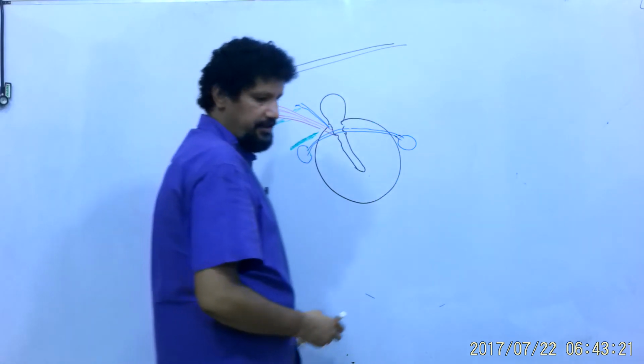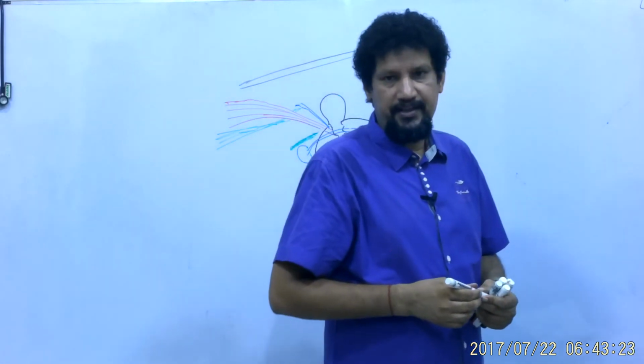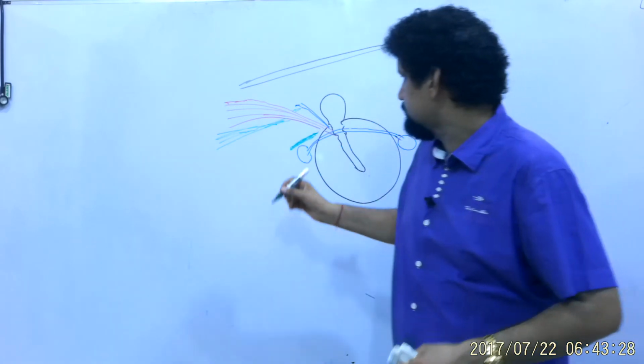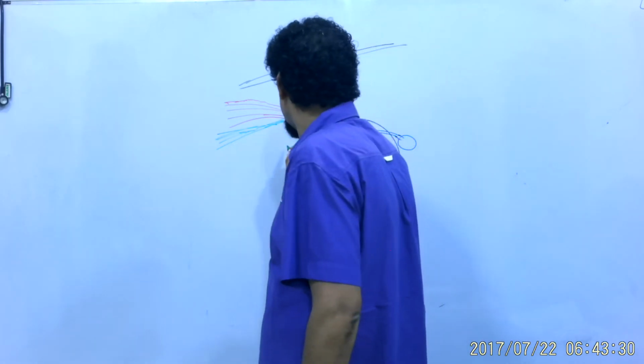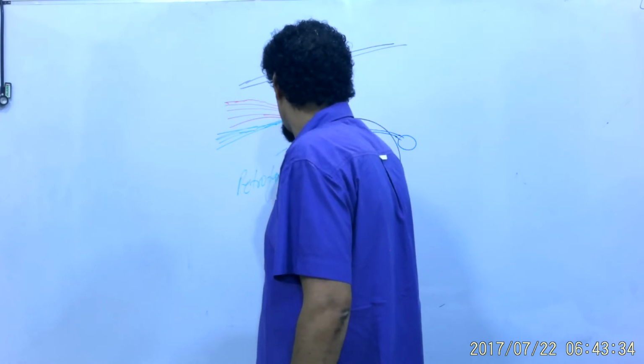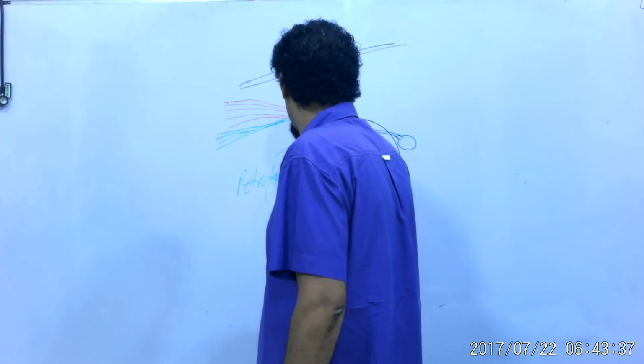One more modification in anterior part is the petrotympanic recess or petrotympanic fissure.